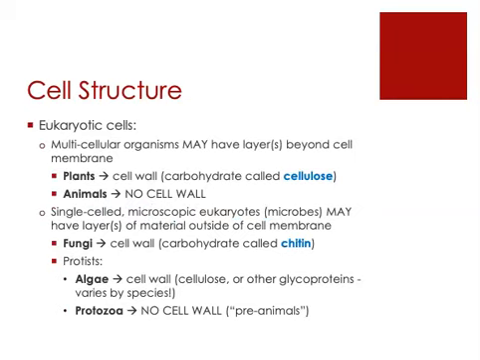Now, if we compare that with eukaryotic cells, we see very different materials. Remember, some eukaryotes are single-celled, some eukaryotes are microbes. There are other eukaryotes that are multicellular. So when we're thinking about, for example, the plants and the animals, plants have a cell wall.